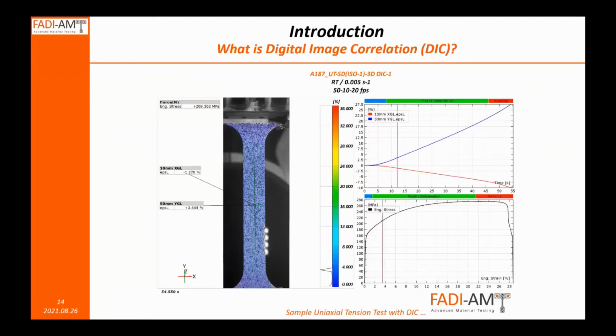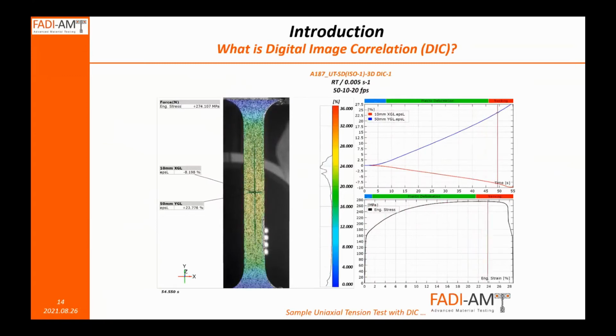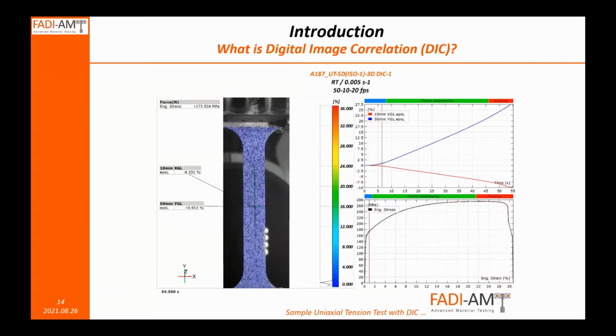A typical DIC usually generates nice videos, which we usually like to show to demonstrate how we can monitor the deformation of the material during the test, and even also correlate it with certain events in the test, typically portrayed on a stress strain curve. Like in this case, you can see what the material is doing in the elastic region, in the hardening region, and also most importantly, for many investigators, they are interested in the material during the necking or the fracture, right before fracture.